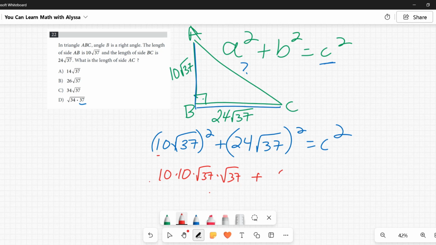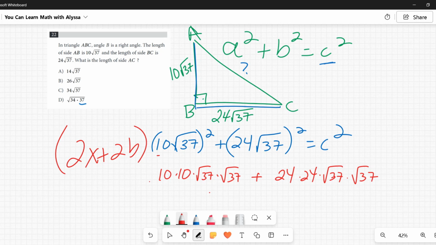And then we have 24 times 24 times square root of 37 times square root of 37. And just like if I had 2x plus 2b, I could say, oh, 2 goes into both of those, I can pull it out: 2 times x plus b. I've pulled out a factor of both of those. I can do the same thing here.